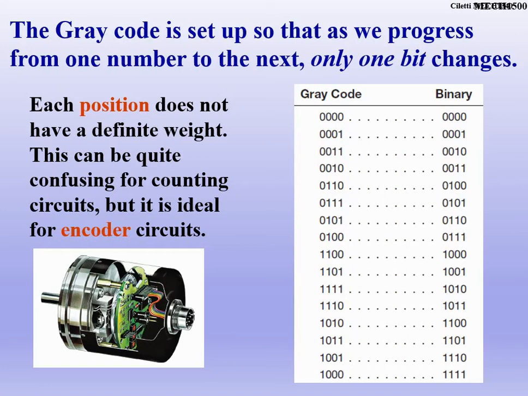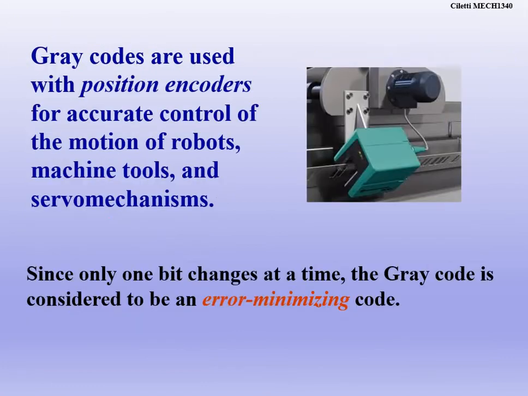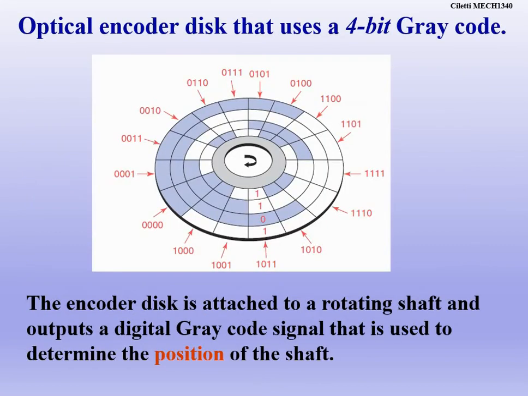It's very confusing for counting, but we use it for encoder circuits, even if we want to keep track of how far something moves. It gives us much more accurate control of the motions of robots. Your servo motors use gray codes so that you have position encoding, so there's much more error minimization there.